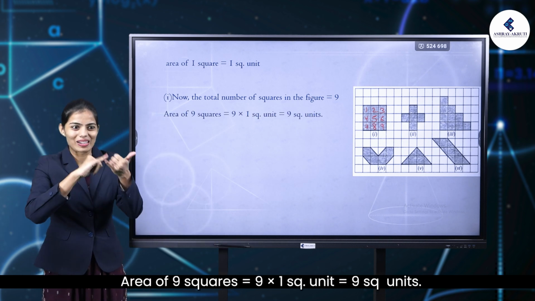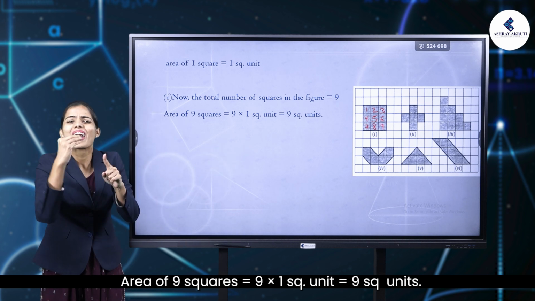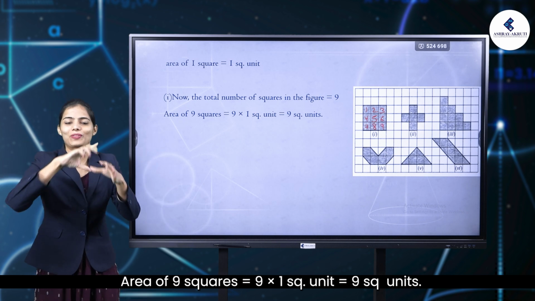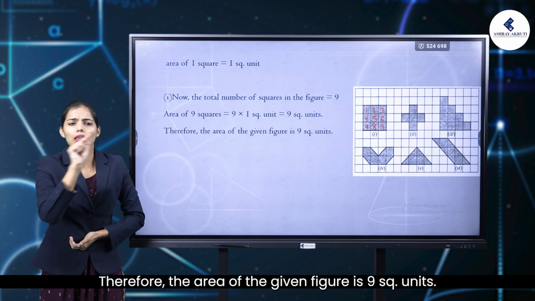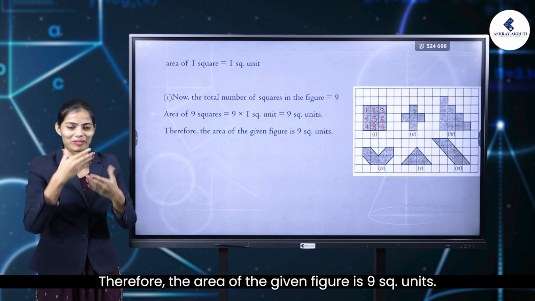Area of 9 squares is equal to 9 into 1 square units is equal to 9 square units. Therefore, the area of the given figure is 9 square units.